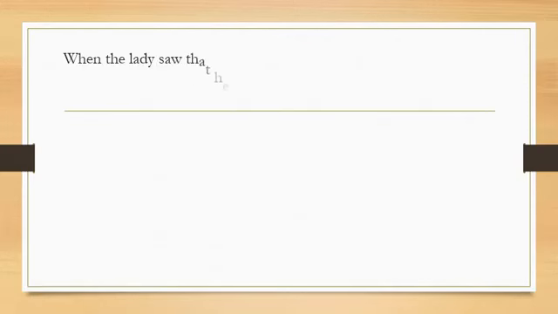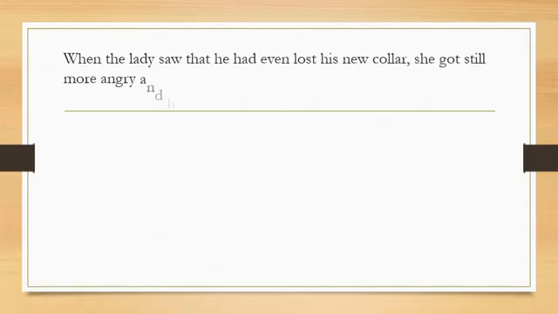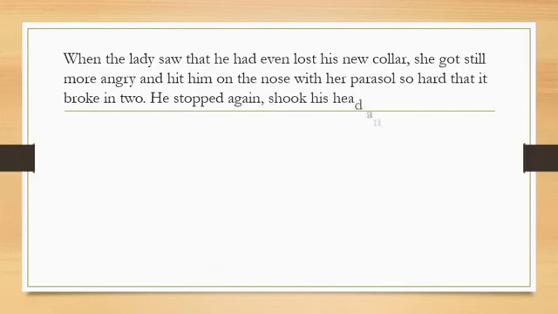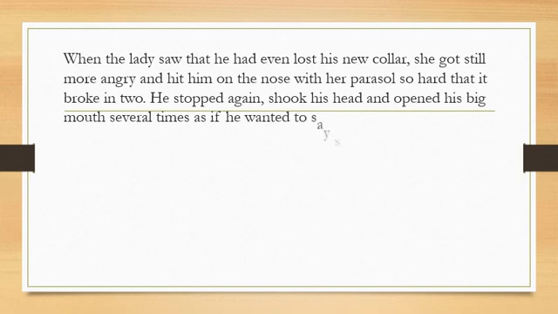When the lady saw that he had even lost his new collar, she got still more angry and hit him on the nose with her parasol, so hard that it broke in two. He stopped again, shook his head, and opened his big mouth several times as if he wanted to say something.